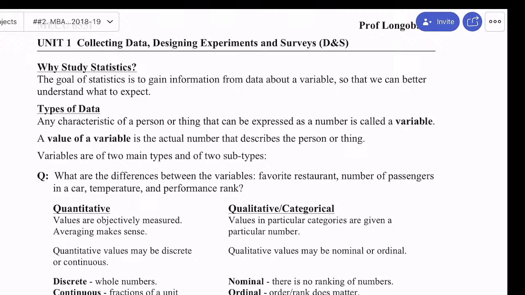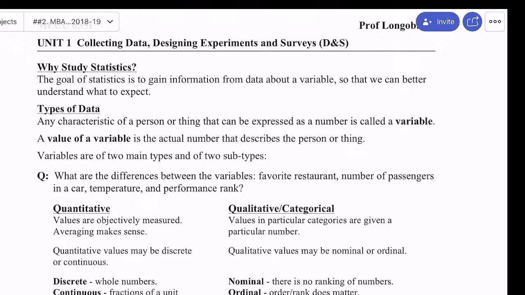All right, so let's start with a discussion about statistics, like an overview about statistics, and then we'll get into what is data and data collection and good methods of data collection. So what is a statistic?